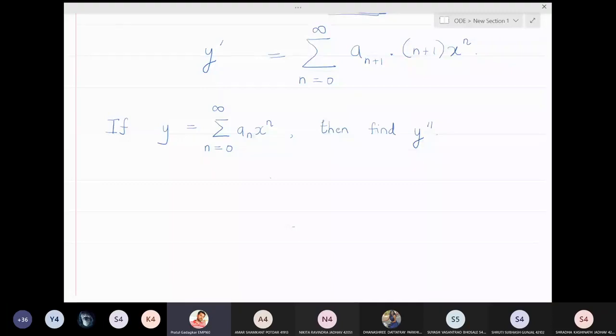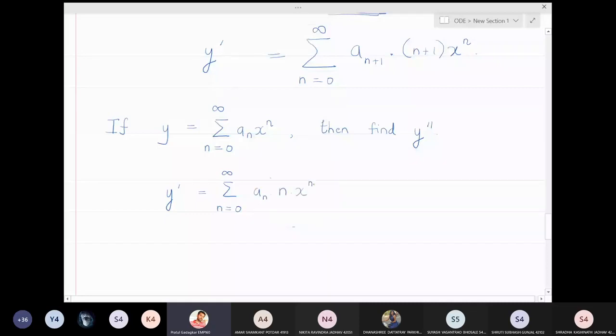Clearly, if I take the derivative of this, y dash will become the summation n from 0 to infinity of a n into n x raised to n minus 1.